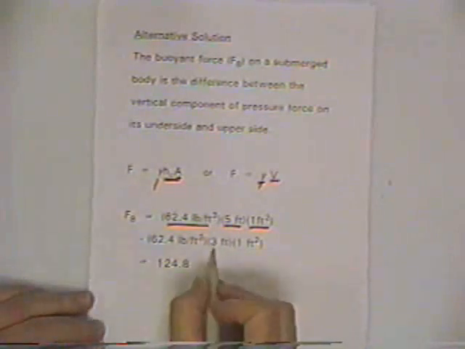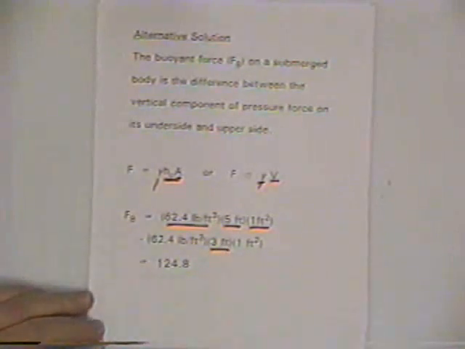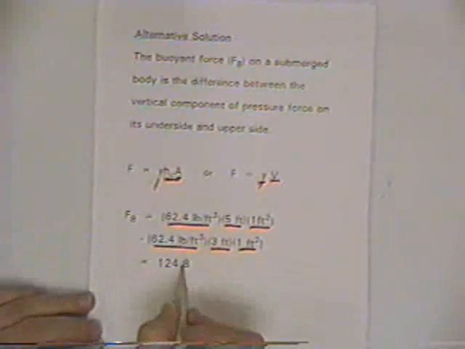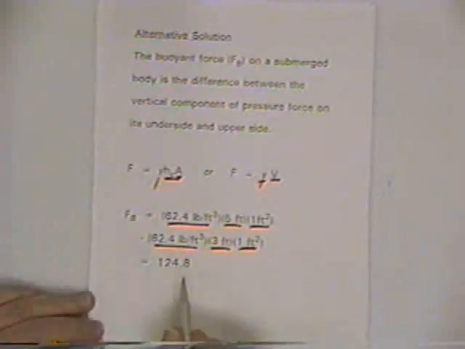And then on the top, the top of the wooden block has a head above it of 3 feet of water, and it has an area of 1 square foot across the top upon which that water is acting, and then it's got the same unit weight. And so by visualizing the problem a bit differently, we get the same numerical answer of 124.8 pounds.